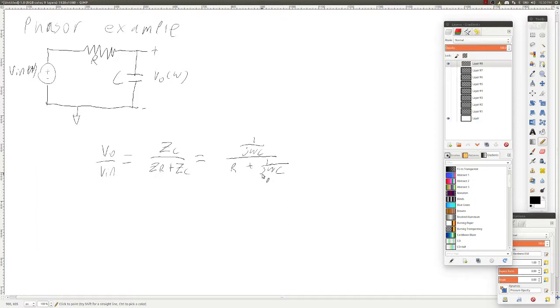We have to go ahead and simplify the top portion. So we multiply the top and the bottom by j omega C. So we get 1 over 1 plus R j omega C.